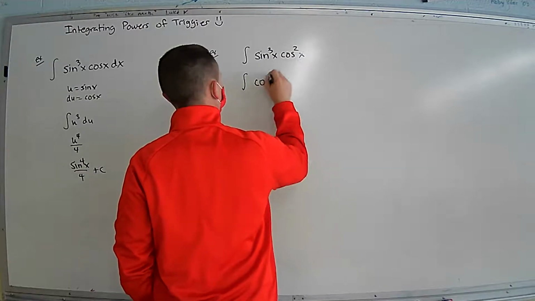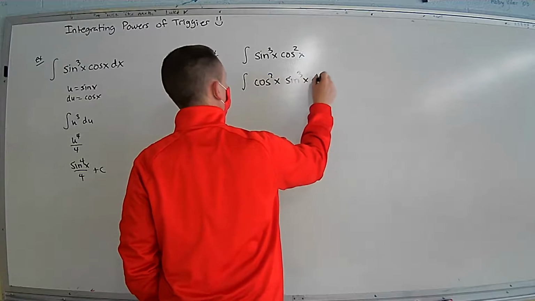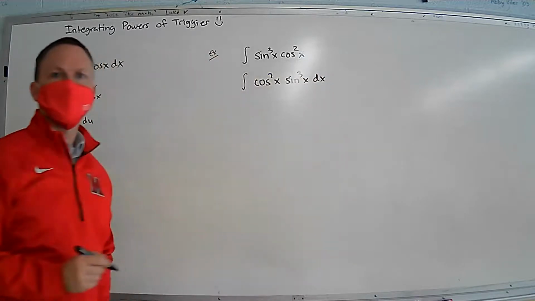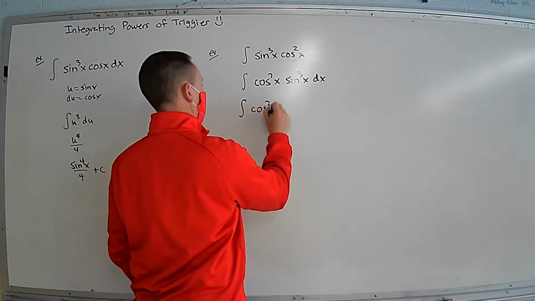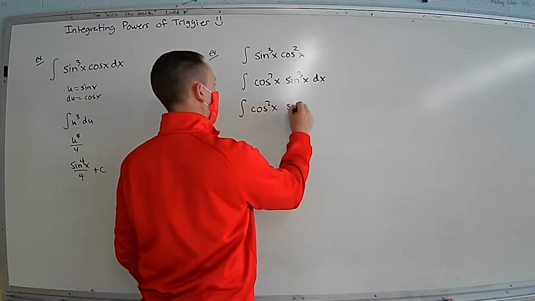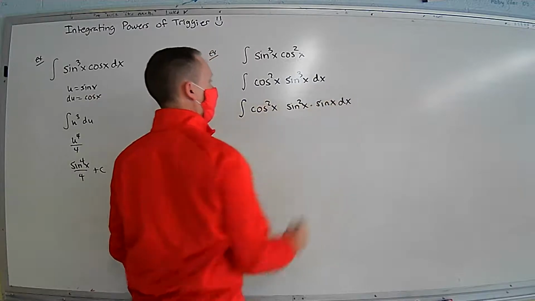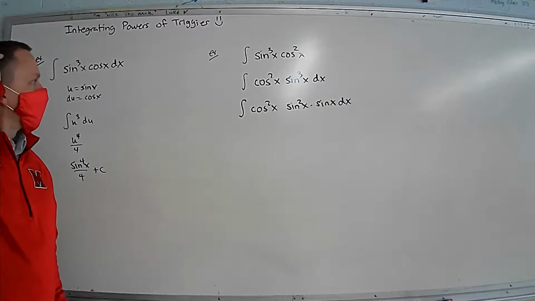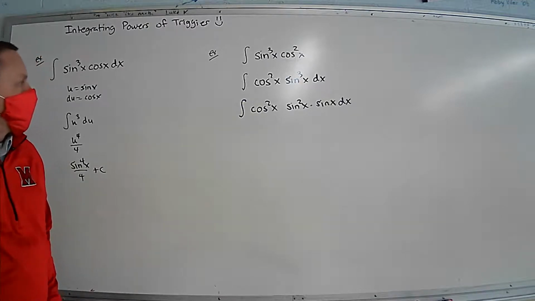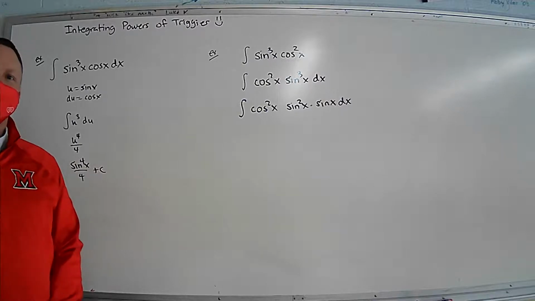Okay, ready? So here's what I'm going to do. I'm going to first write this like that. And you're thinking, well, why did you do that? You'll see. Then I'm going to write it like this. I'm going to borrow. Anybody have an idea what I'm going to do now?